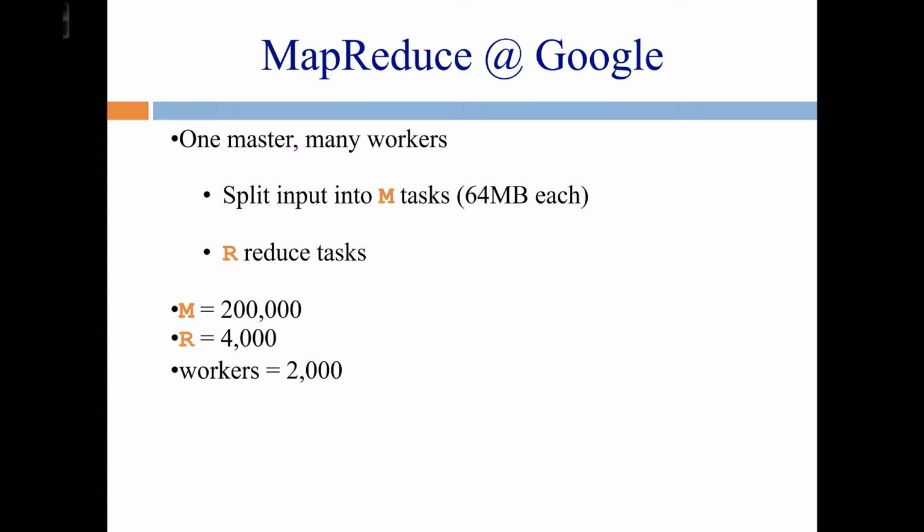The basic goal, sometimes it doesn't always work out this way, is if you have 2,000 machines, you want 200,000 map tasks. So about 100 times as many jobs as machines for the map phase. And then 2 to 10 times as many reduce jobs as machines.